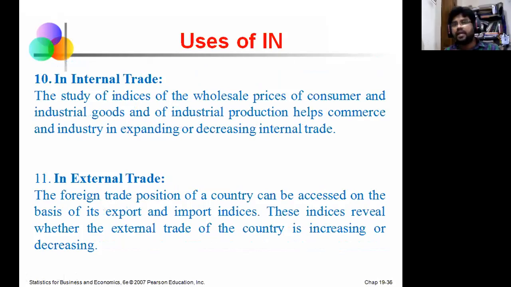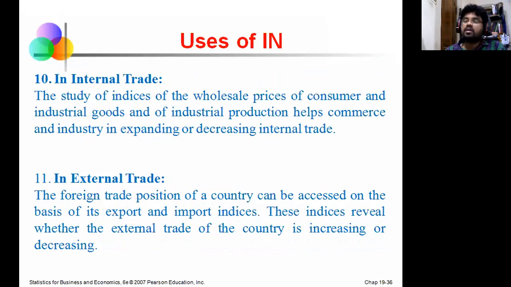And if you take international trade, as I told you, exports, the study of indices, that is, the index number of the wholesale price of consumers and industrial goods of industrial production. Why can we take the wholesale price of consumers? We have two types of price, wholesale price and retail price.